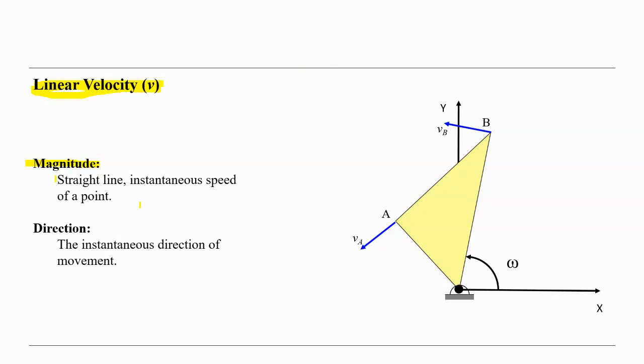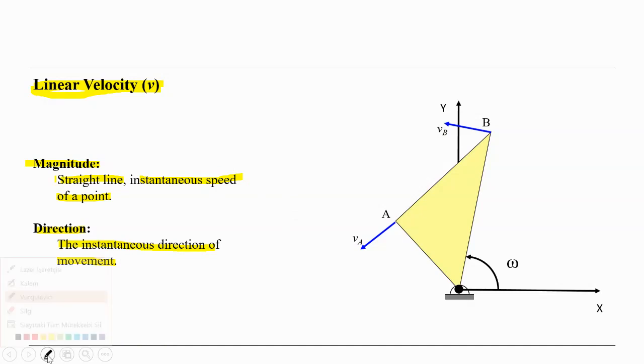And if we talk about a vector, we have the magnitude and we have direction. So the magnitude of this velocity vector is the straight line, instantaneous speed of a point. And direction is the instantaneous direction of the movement.